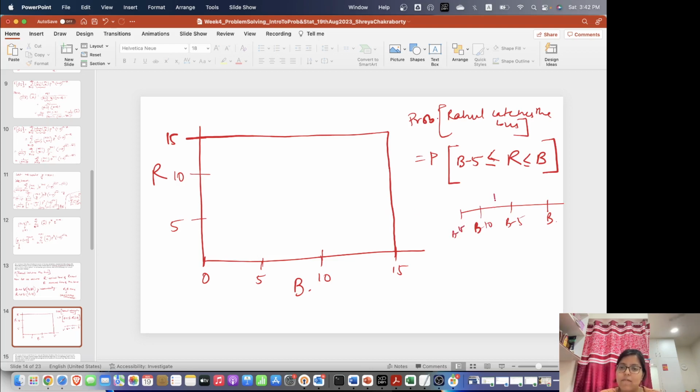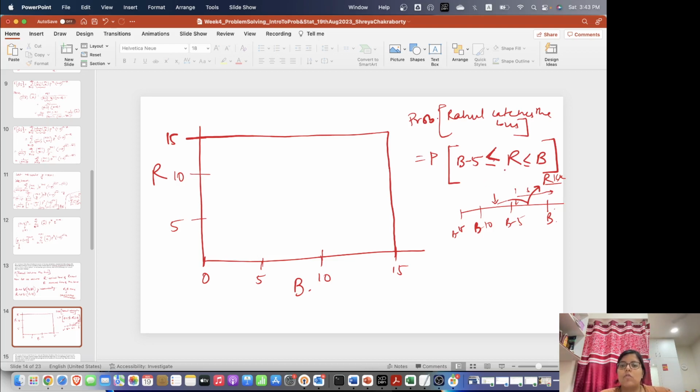If he arrives somewhere over here, he will wait 5 minutes and then catch a rickshaw, so he will not get the bus. Only when he arrives here will he wait and catch the bus. So this translates to the probability of B minus 5 less than or equal to R less than or equal to B.